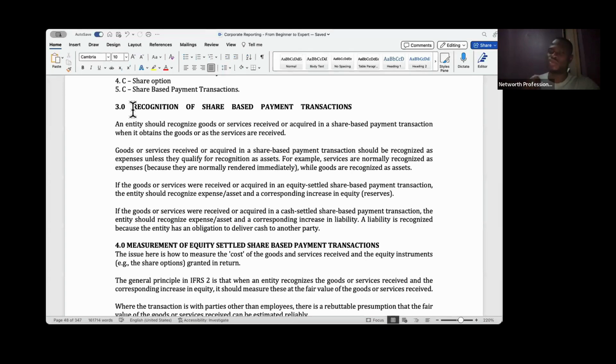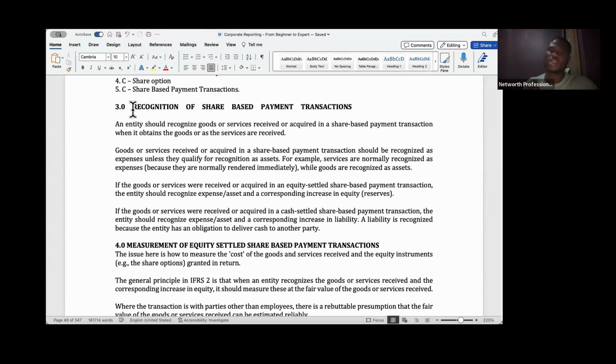But you might not find that kind of situation in the exam because it's quite straightforward, at least as a singular question. So the situation we'll find is where what the entity is paying or giving is a share option. And in that case, what you're going to credit is a share option reserve or an equity reserve.